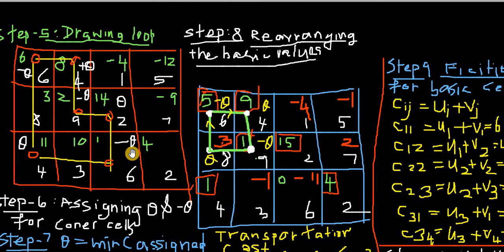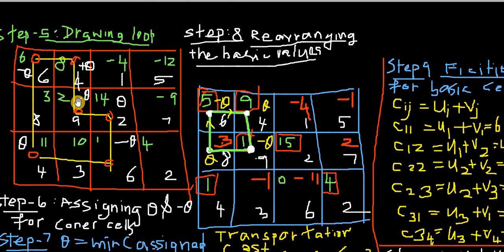If you substitute like that, here basic value is 1. Here 6 minus theta, that is minus 1, 5 will come here. Here 8 plus 1, 9 will come here.